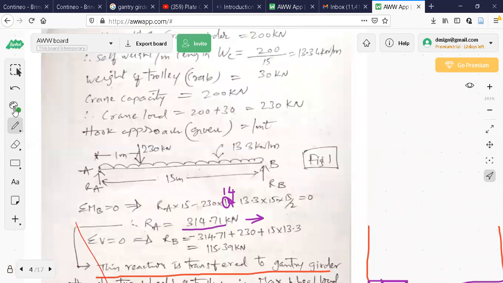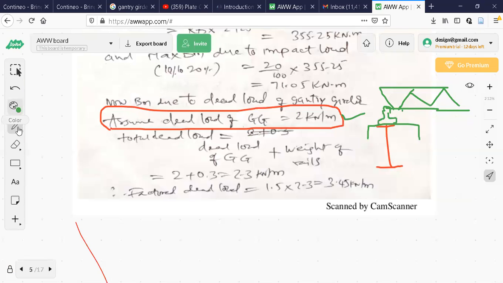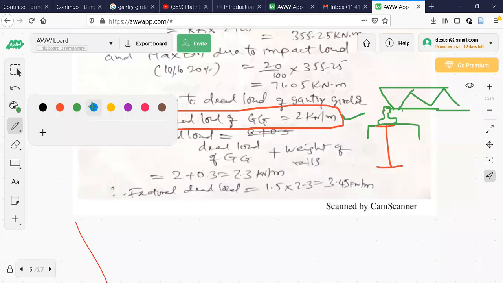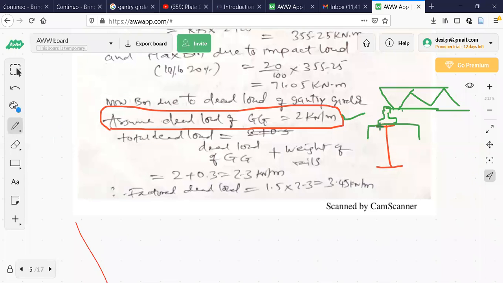This green rail whatever I have shown here, that weight is already given in the problem. You have to add that also. Since I don't know the profile right now, I don't know the dimensions of the channel and I section, I have taken it as 2 kN.